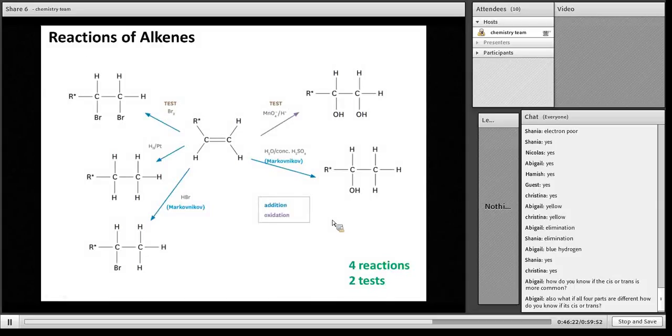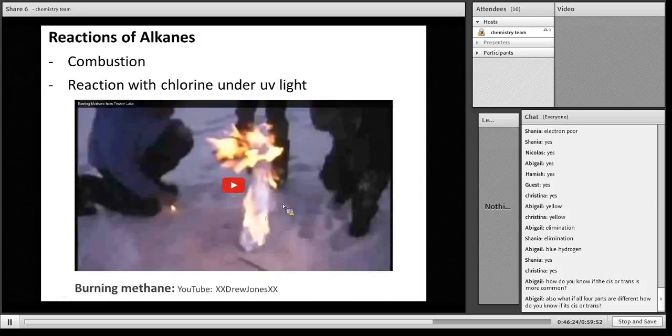That is the major thing: any alkane will react with oxygen, and if it's complete combustion, what are the two products formed? Does anybody know?